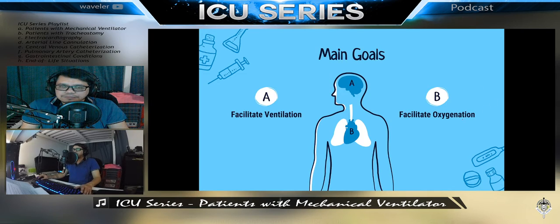And how does it facilitate oxygenation? It's by increasing the fraction of inspired oxygen, or FiO2, also by maintaining the lung volume, with recruitment maneuvers of the alveoli and PEEP to maintain the baseline alveolar pressure.